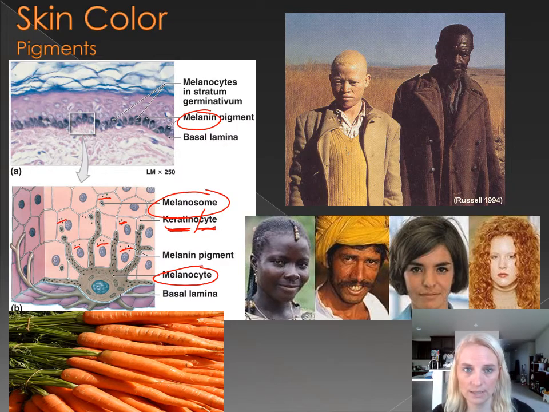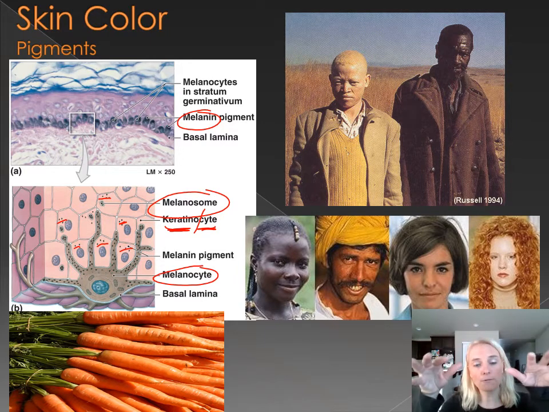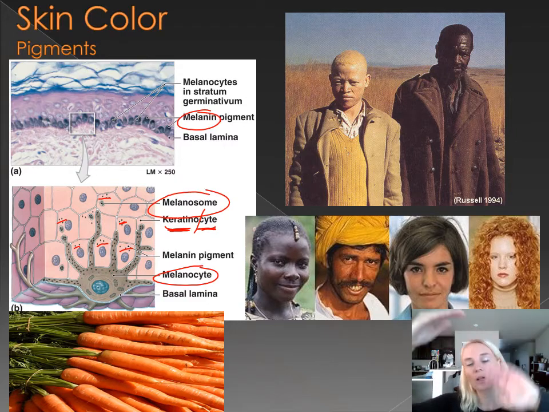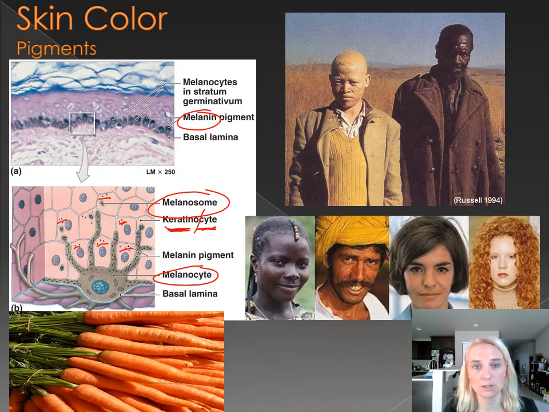It mutates your DNA, and if it mutates the DNA in your skin cells, it could lead to skin cancer, which I have a mini lesson on. We'll talk about that later. That is the job of melanocytes: to produce the melanin, to get distributed in those lower layers of cells, to cover your nuclei, to act like a little parasol or sunscreen, to absorb the ultraviolet radiation before it gets to the nuclei of your skin cells, to keep them from getting damage to the DNA, which could lead to skin cancer.